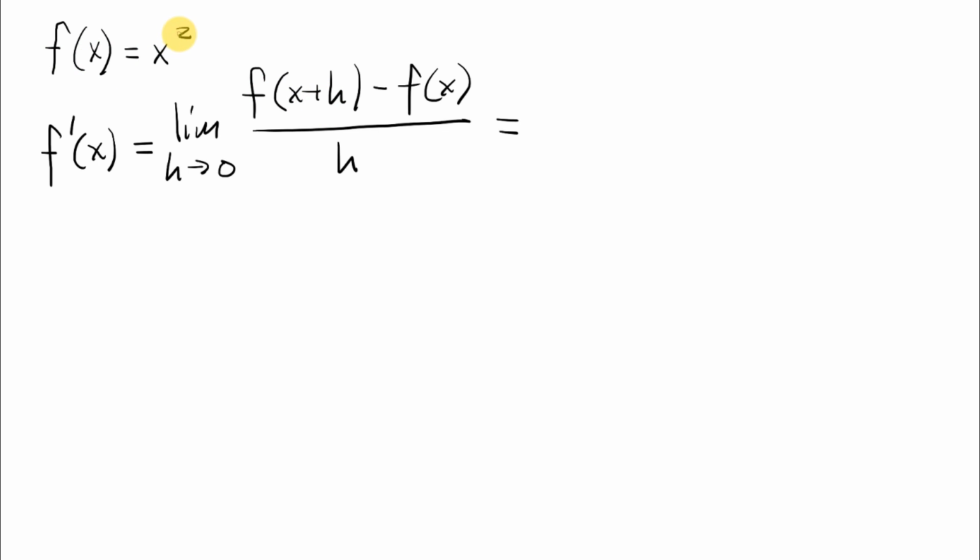So we replace x with x plus h. And then we have f of x, which is just x squared.